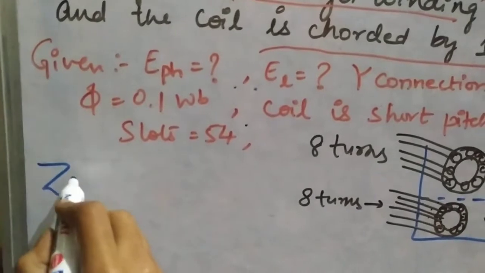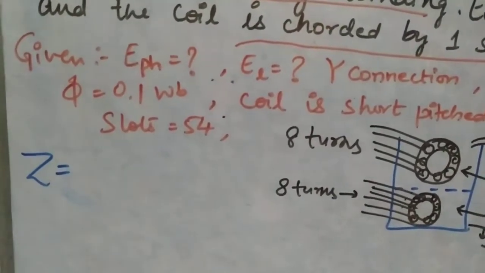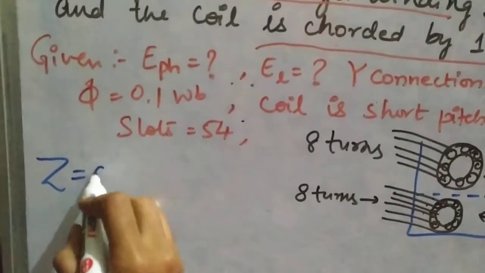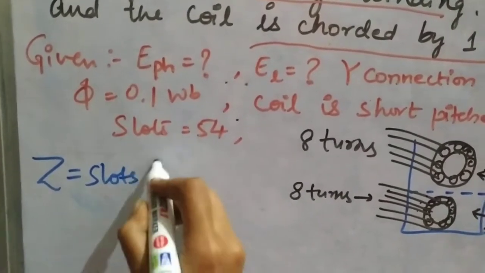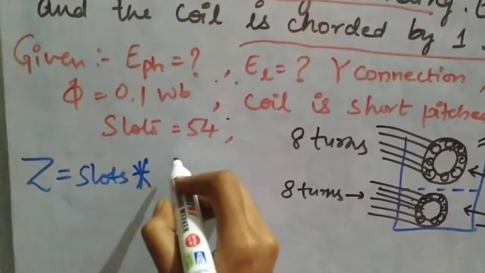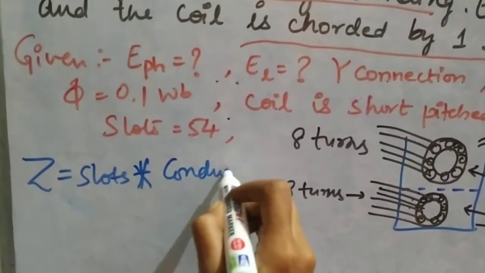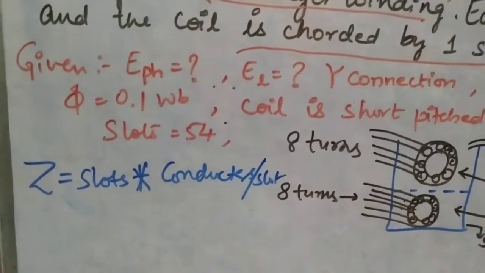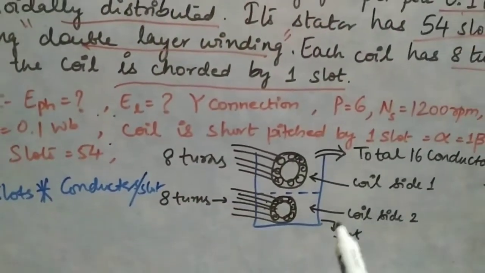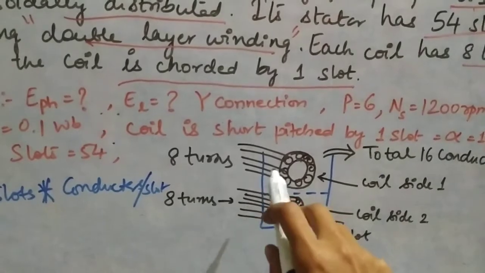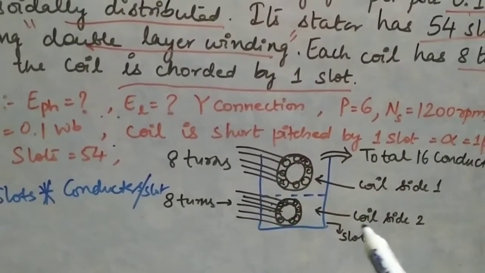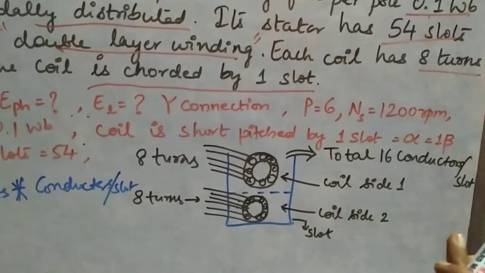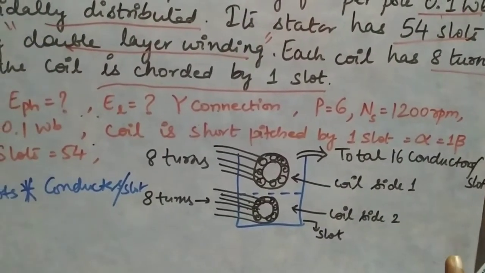Here Z is equal to the number of slots multiplied by conductors per slot. Since there are 8 turns in each section, totally there are 16 conductors per slot.